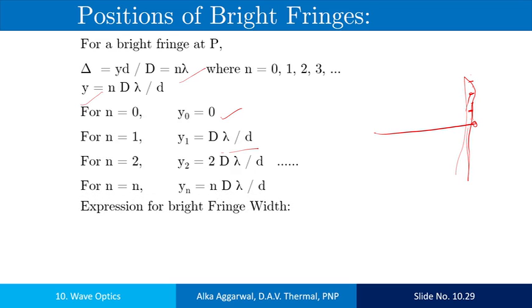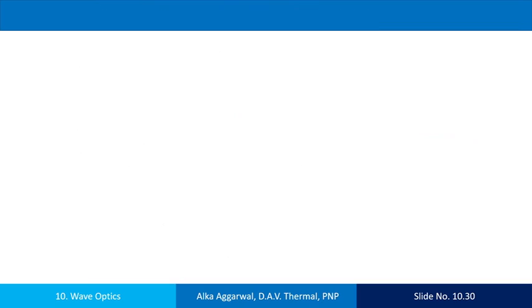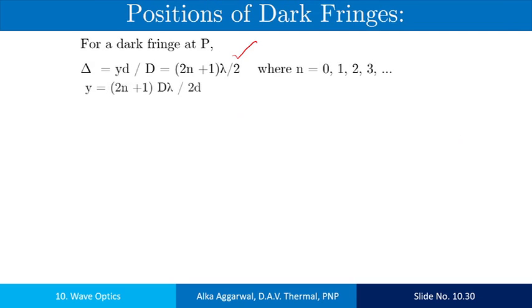Fringe width means the linear distance between two consecutive bright or dark fringes. So when we subtract the n minus 1 position from the nth position, it is equal to D lambda by d. So the fringe width is equal to D lambda by d for the bright fringe. Similarly, for the dark fringes, we put the path difference equal to (2n plus 1) lambda by 2.